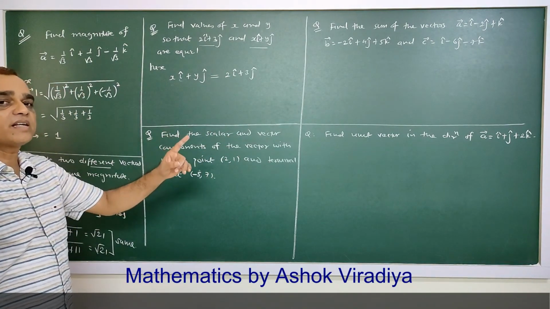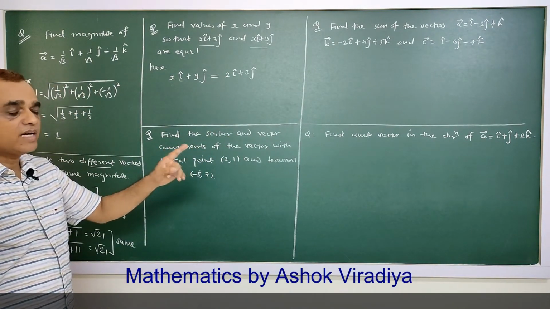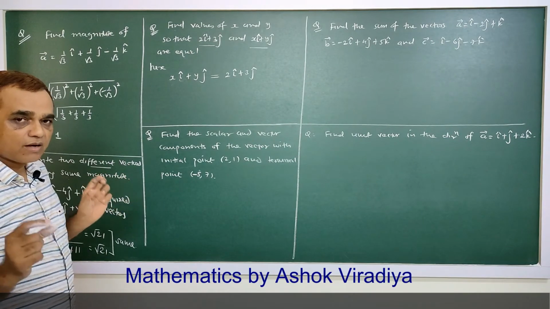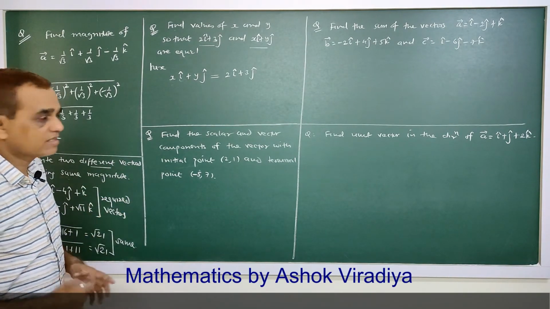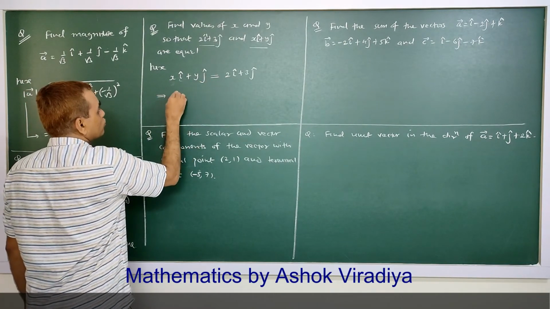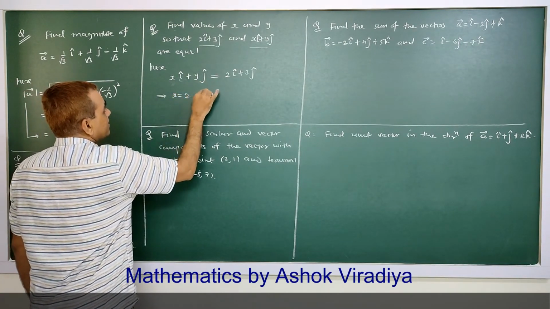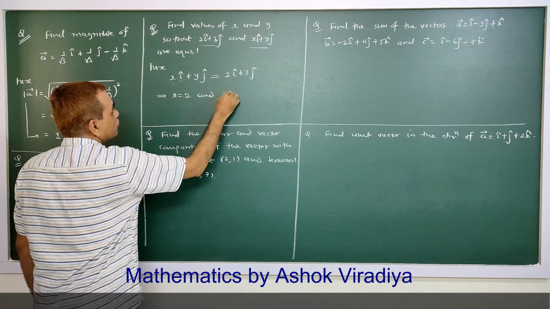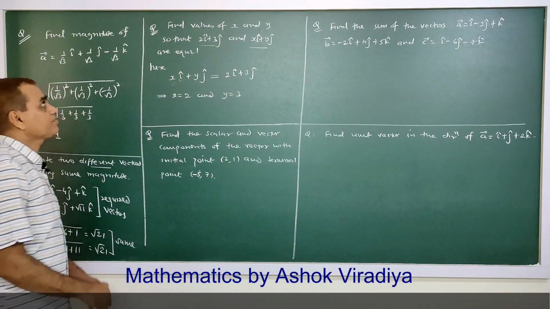If two vectors are equal, then on both sides we compare scalar components. So comparing scalar components, x is equal to 2 and y is equal to 3.